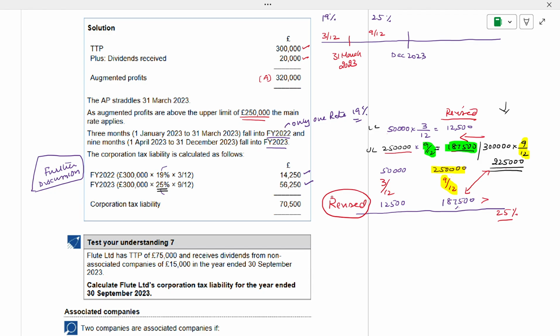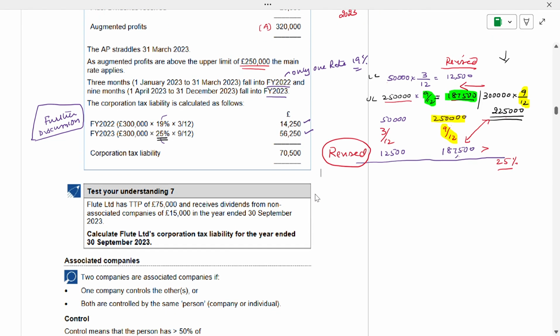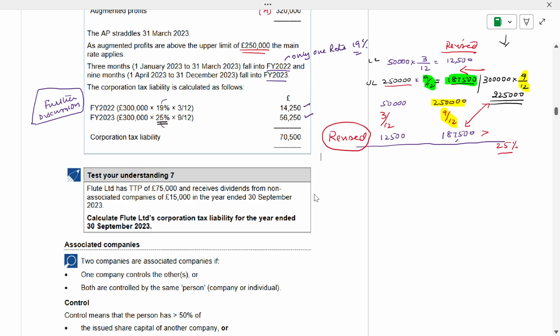Okay, sir. Got my point? I'll redo it. No problem, you do it. In both, we are taking what? Since the revised upper limit and the revised augmented profits, total taxable profits. If you do it in both ways, you check it, and whatever the situation will come, you get back to me.